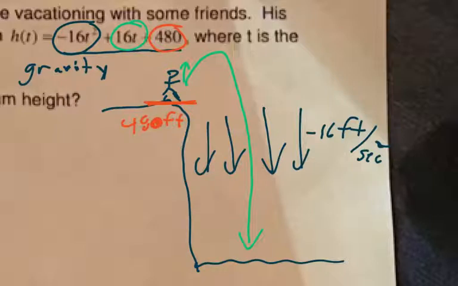So, the first thing we could do, since we want to know the maximum height, which is going to be right there, is find the vertex. Remember, the maximum height is going to be at the vertex. So let me go to a new page here. To find the vertex, please remember that you simply do negative b over 2a.